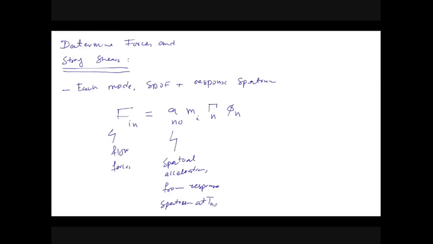If it is for a single earthquake, you just need the response spectrum. But if it is for code design, then you need to use the design spectrum instead. Remember that the spectrum given in the code is a design spectrum. Mi, we already know, represents the mass at each floor, and this term here is the participation function.